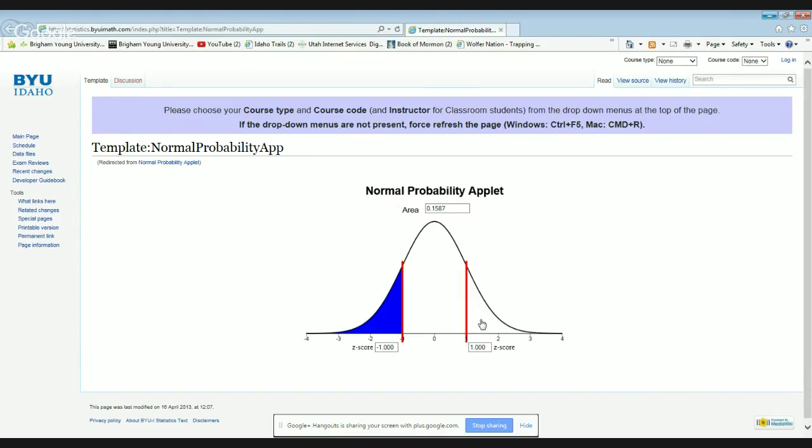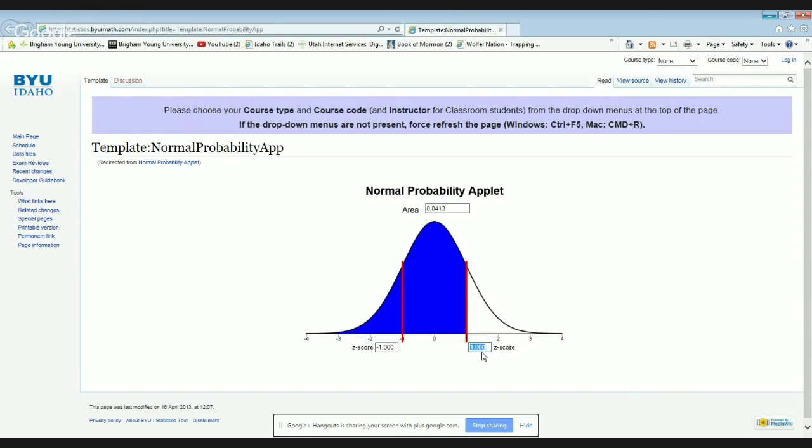If it's less than our value, we put it to the left of that value. So say we typed in a positive z-score of 1.28, and we want to know what's less than that, we shade everything to the left of that, and then our p-value, or probability value, is up there.